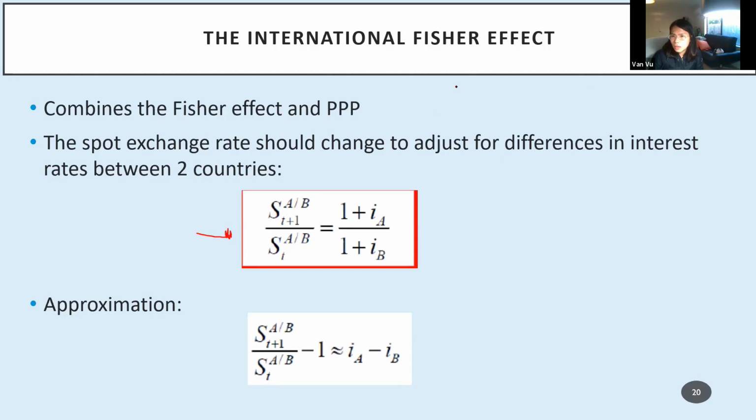From the purchasing power parity, 1 plus inflation A divided by 1 plus inflation B, this is your PPP, right? This is your Fisher effect.